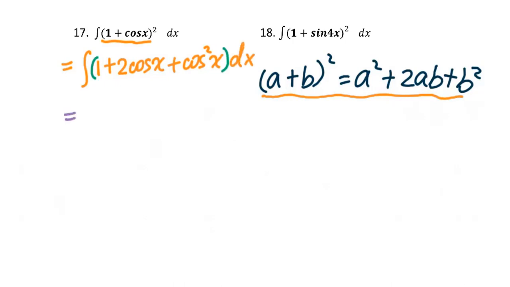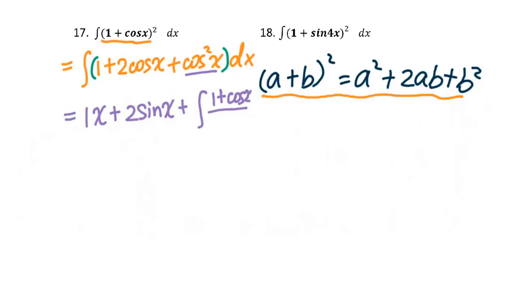Therefore, you will get 1x plus 2 sine x times 1 over a, is 1 over 1, so you don't have to this time, then plus integral for cosine square x, we can write down 1 plus cosine 2x over 2.